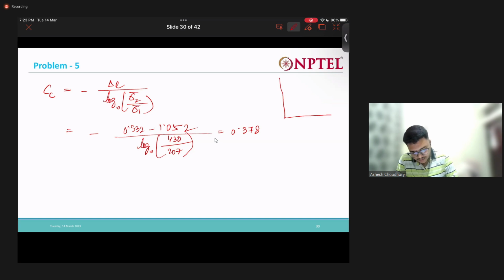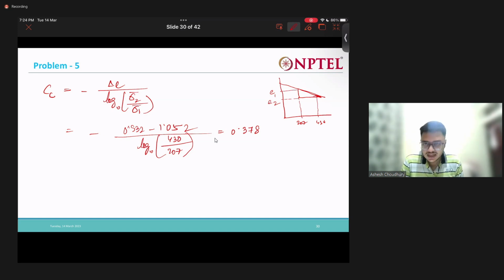So initially this is the line. For e1, sigma is 207, and when my load is increased to 430, this is my e2. The slope from here we actually found out. It is nothing but my Cc.